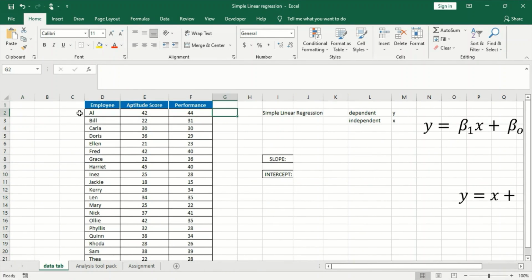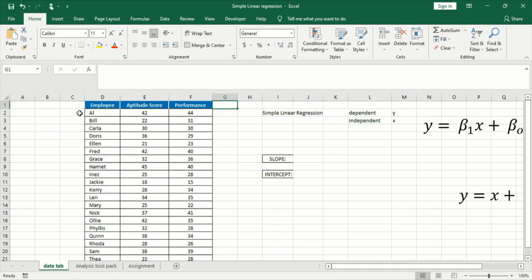So they now want to check whether their aptitude test, number one, can be used to predict job performance, and what the performance of somebody is going to be given his aptitude score. I don't know if you understand what I'm saying. I don't know whether I came out clear enough.